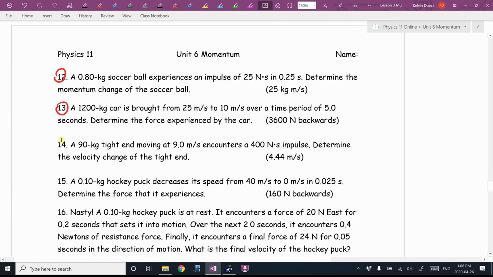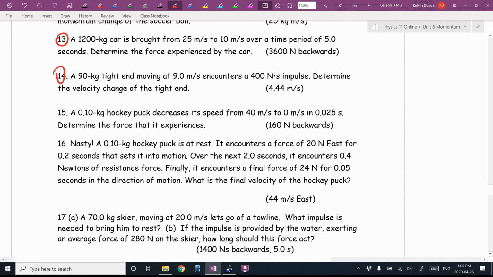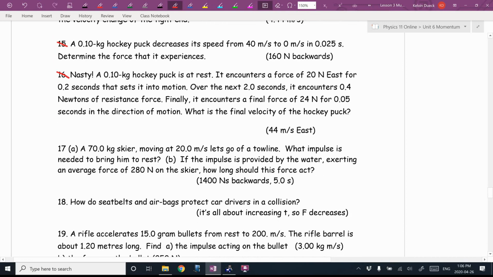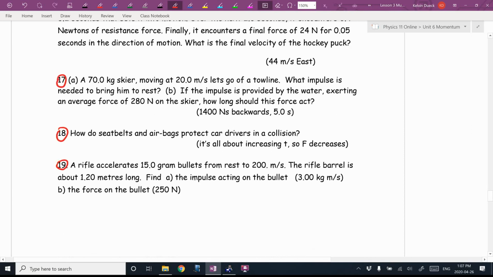I'm going to assign a few of these. 14 is good. I'll skip 15 because I think it's really similar to number 13. 16 I'm going to skip. I don't like that one either. Water skiing, 17 is good. 18 is good. 19, here's the rifle question that we did.